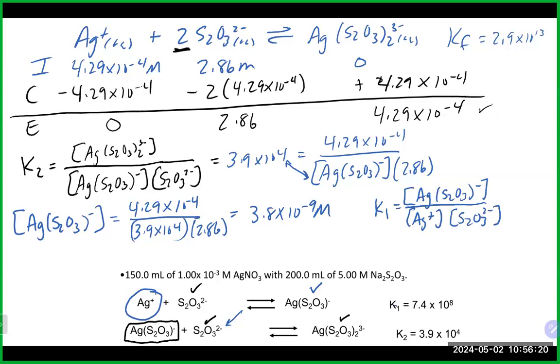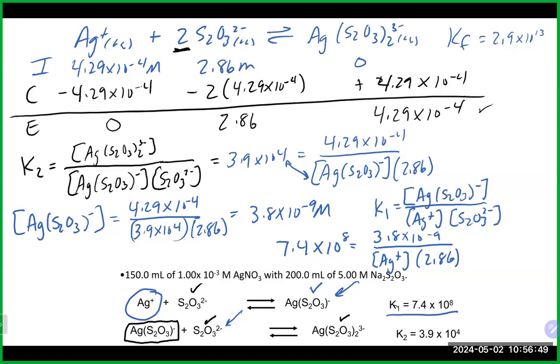We again put in our values using K1. That's 7.4 times 10 to the 8, which equals what we just solved for, 3.8 times 10 to the minus 9, divided by our silver, which is what we're looking for, and our 2.86. Once again, I'm using this equation, so there's no squaring of anything.